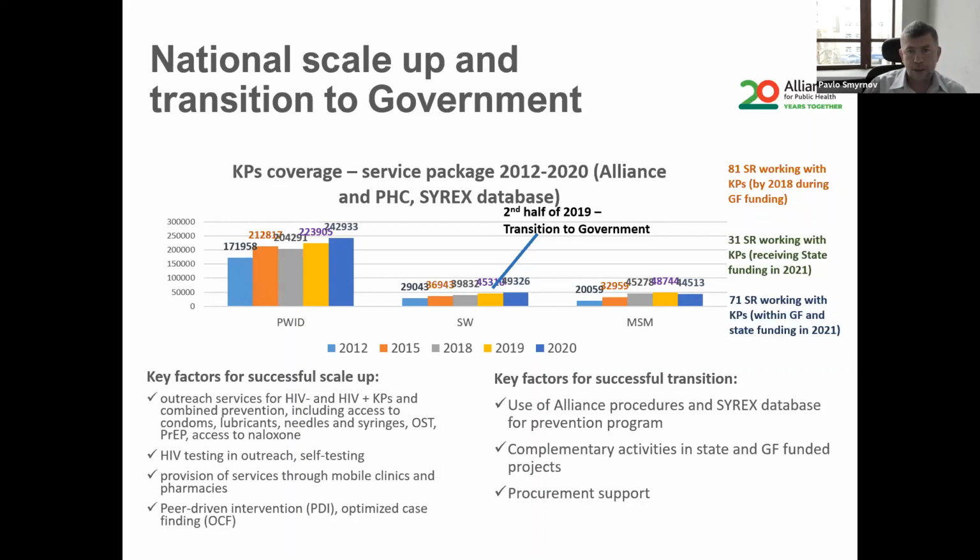And there is also a decreased number of subrecipients, as the government budget imposes more complicated requirements. So it was mostly a subtraction of the number of community organizations implementing the program. Okay, next.